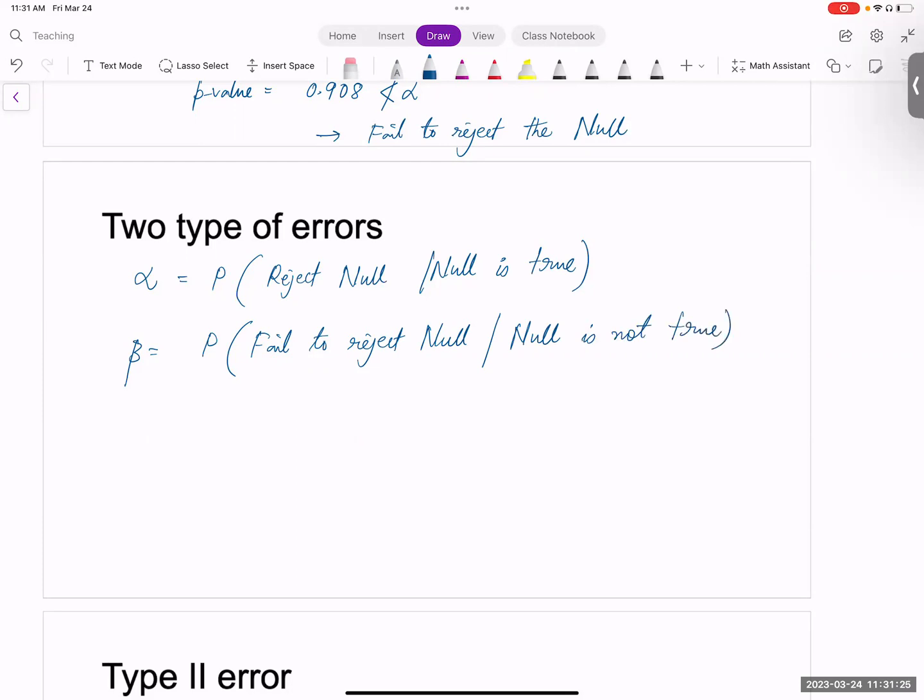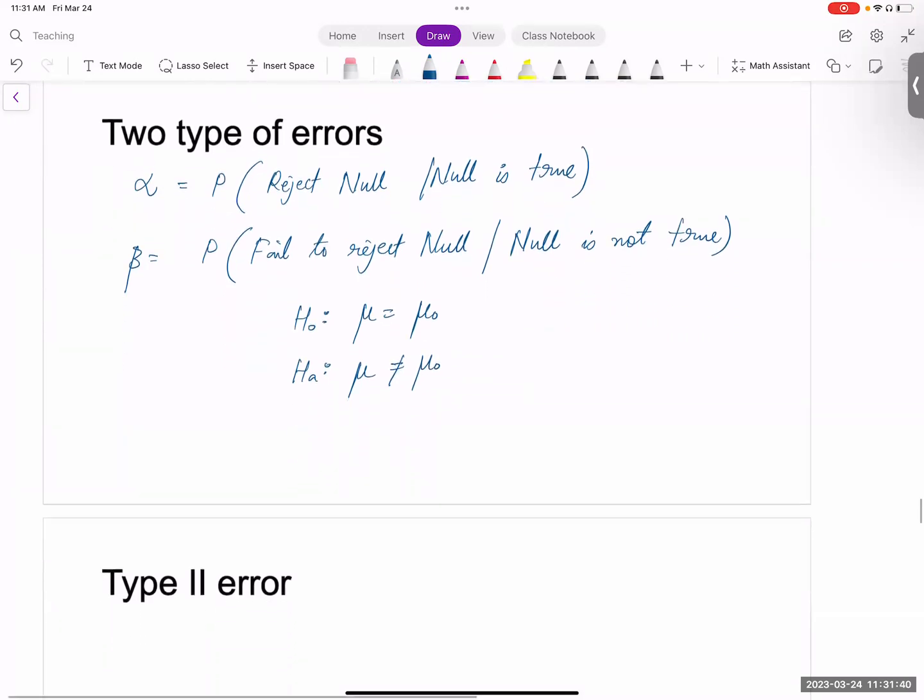So let's look at this example. Let's say H0 is mu equal to mu 0, and then HA is mu not equal to mu 0. Now, if null is not true, which means mu is not equal to mu 0, right?